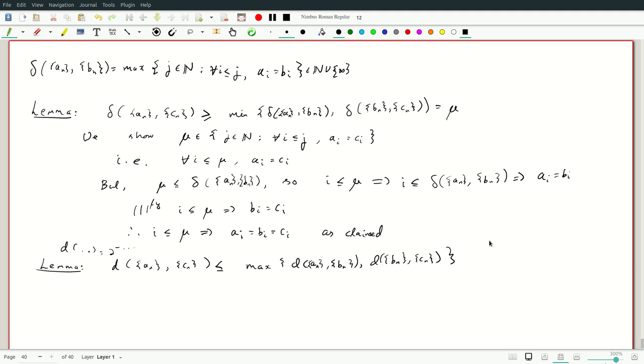Of course, the lemma is saying this, so this is immediate from the previous one. And this is less than or equal to the sum of the appropriate distances.